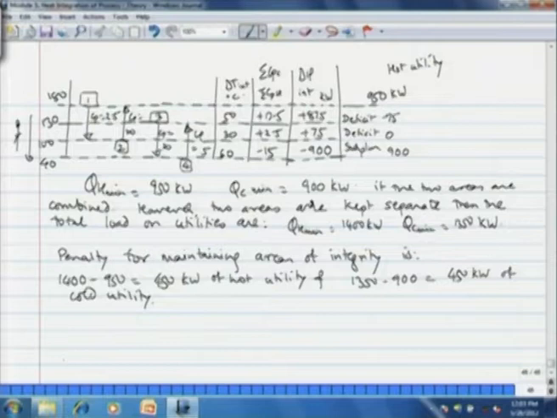The penalty as a result of the constraint enables the judgment as to whether it is acceptable or too expensive.